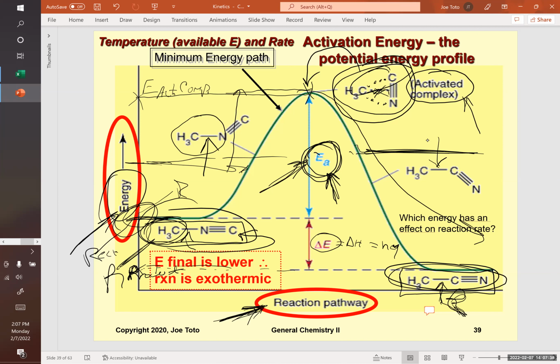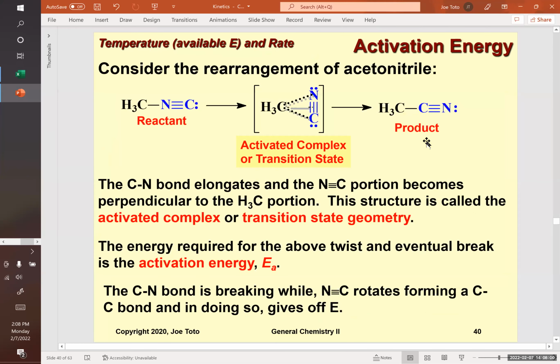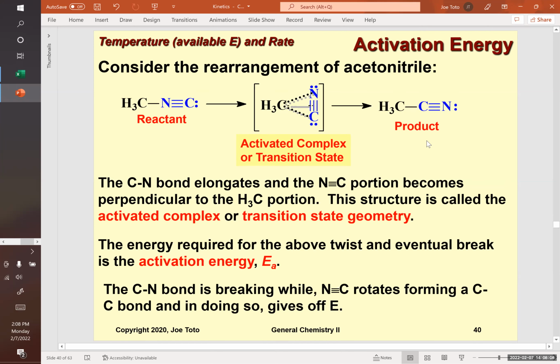Okay, so this is a picture of how Arrhenius is understanding the energy effects as a reaction goes from reactants to products, or at least the energy requirements. So we've talked about all of this stuff already.